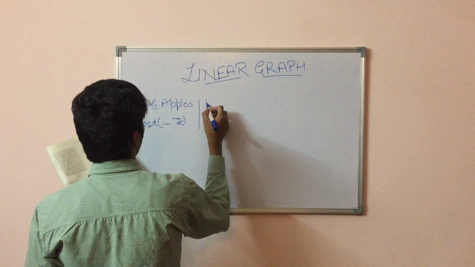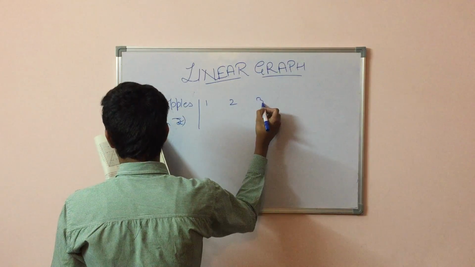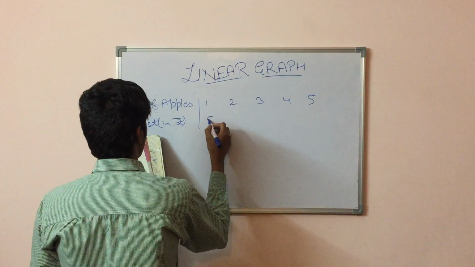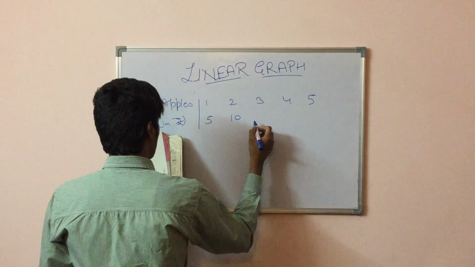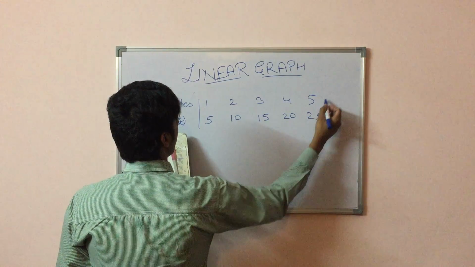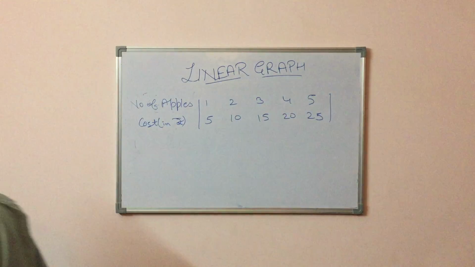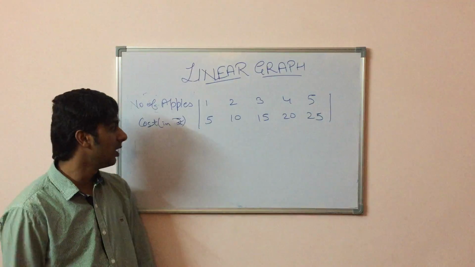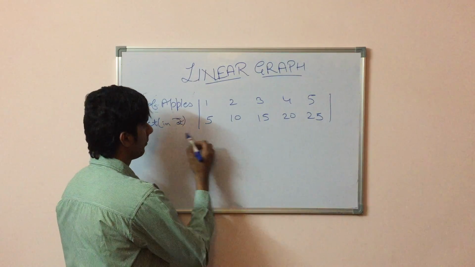Let us say 1, 2, 3, 4, 5, and this is 5, this is 10, this is 15, this is 20, and this is 25. So now we have to draw this on our number line.